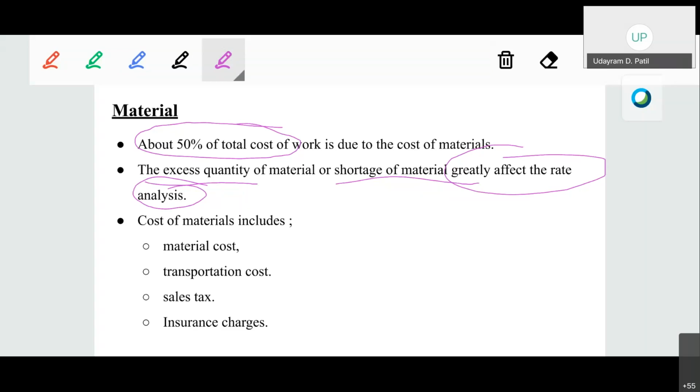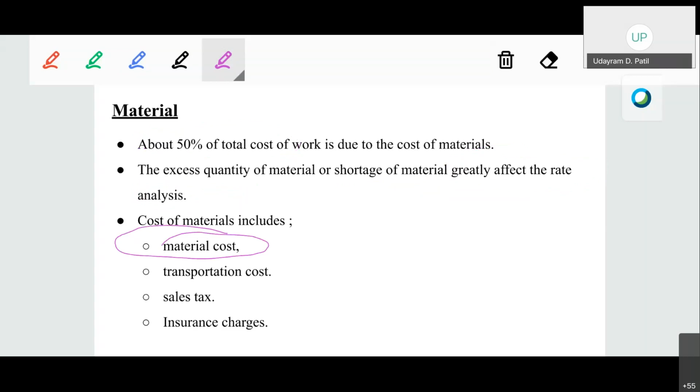Okay, so the cost of the materials will include first the material cost. Obviously, for your brick work, how much cost is required for the brick, that will be your material cost. Next, transportation cost will be there. If the manufacturing site is away from our construction site, in that case we will need to transport the bricks from the manufacturer to the construction site.